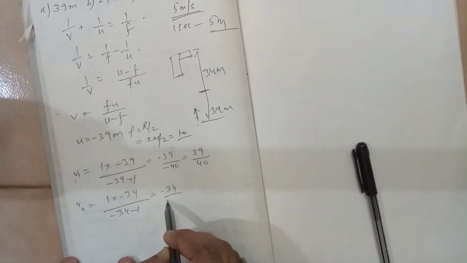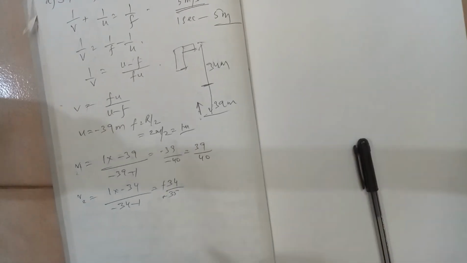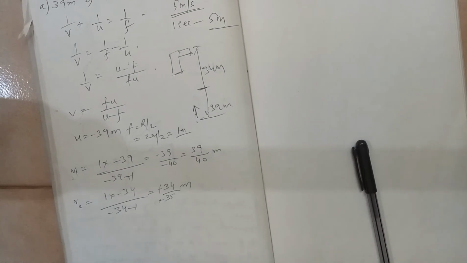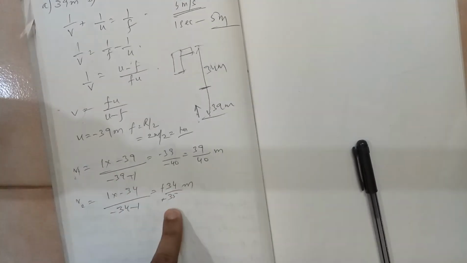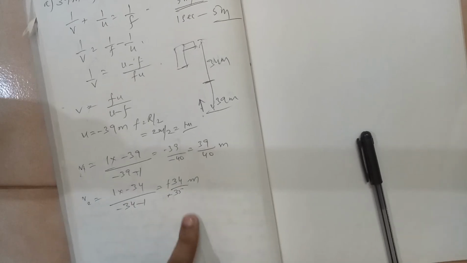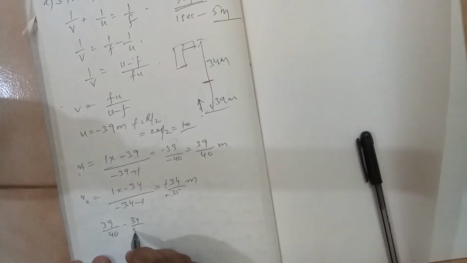It is minus 34 by minus 35, or 34 by 35. So this is in meters. The difference of these two will be the distance traveled by the image in 1 second. So the image has traveled this much distance.